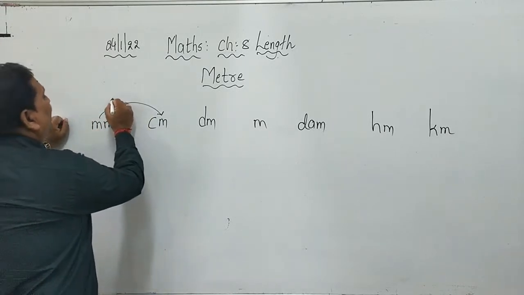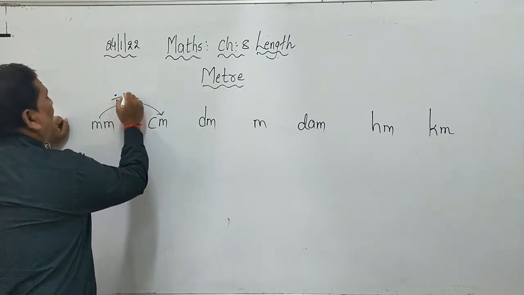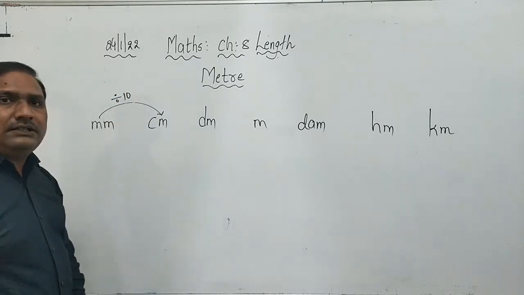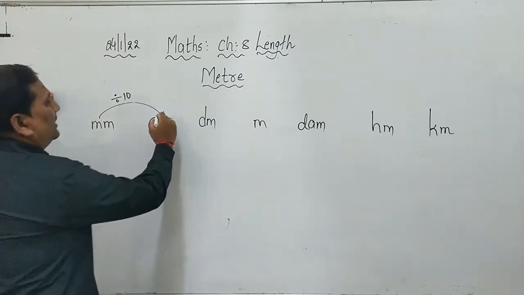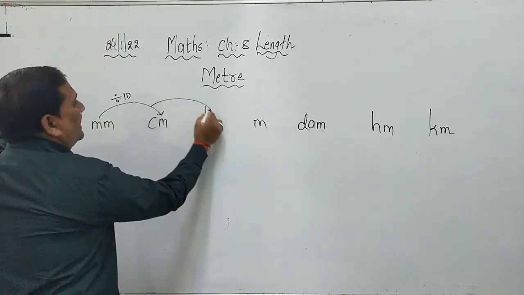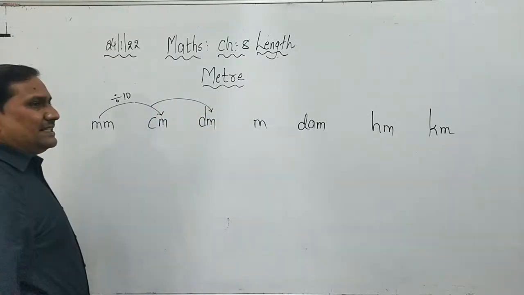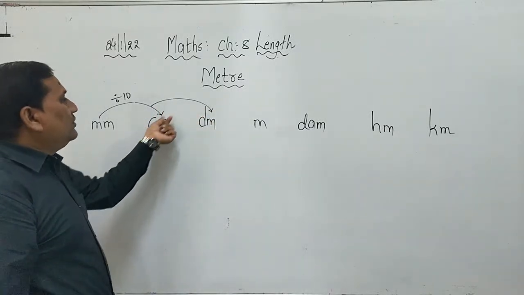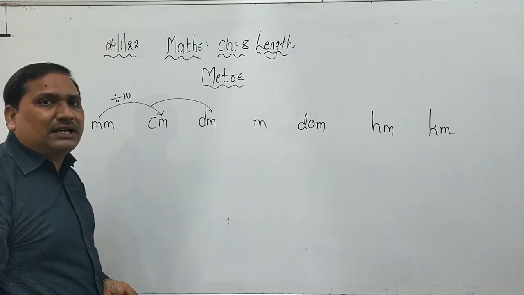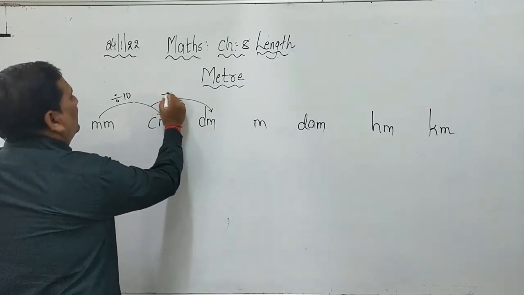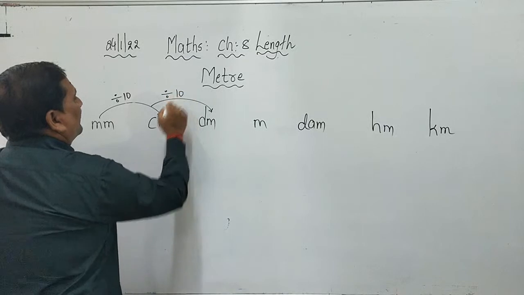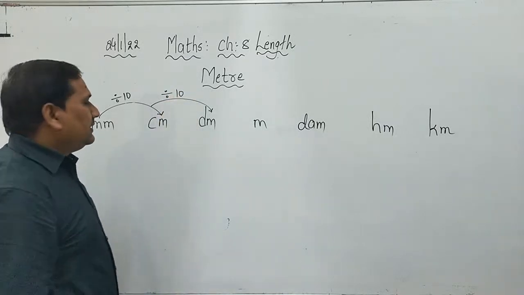So I have to divide by 10. From centimeter to decimeter, सेंटीमीटर से मुझे डेसीमीटर में कन्वर्ट करना है, तो again I have to divide by 10.